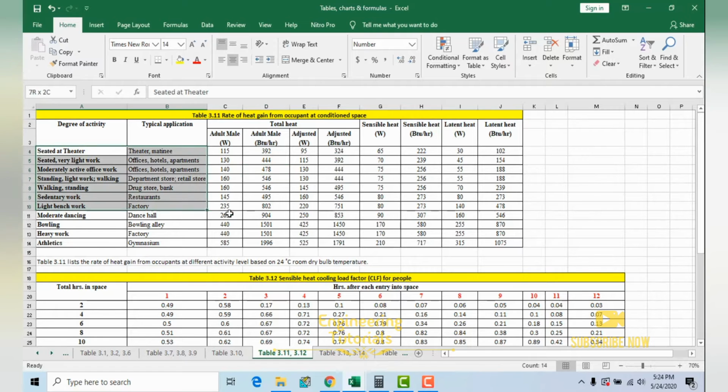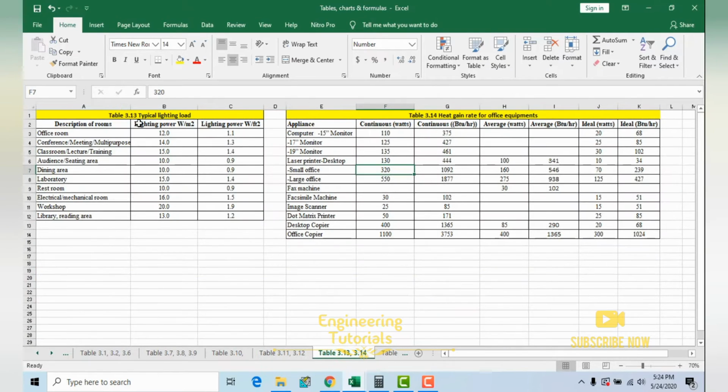According to the occupancy of the people, we'll get the sensible heat and latent heat values from this table. And then we have a table for lighting load for different types of buildings or spaces. And then we have heat gain for office equipment like computer, monitor, laser printer and photocopier machines.